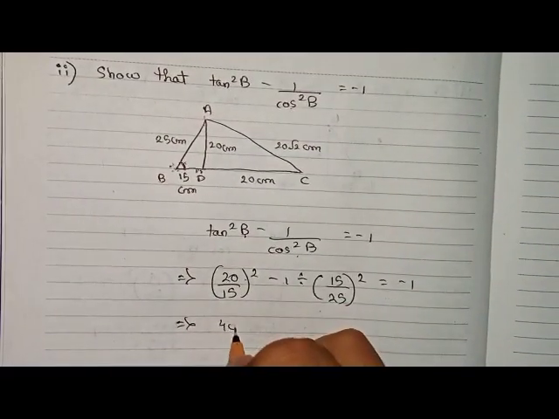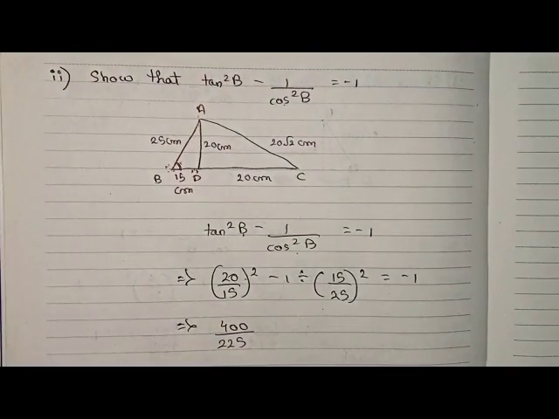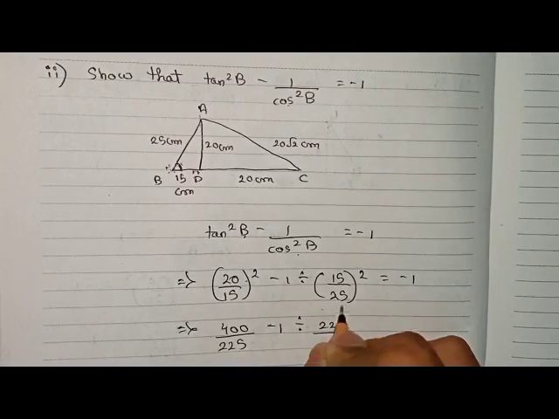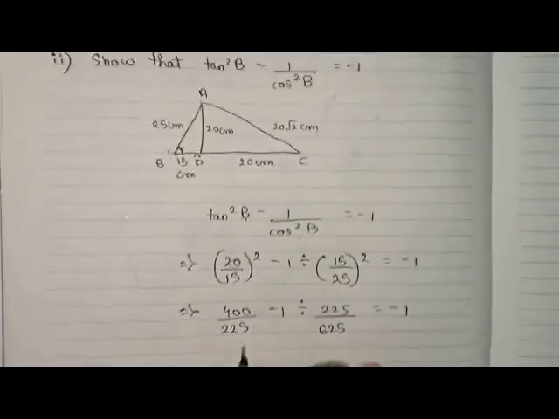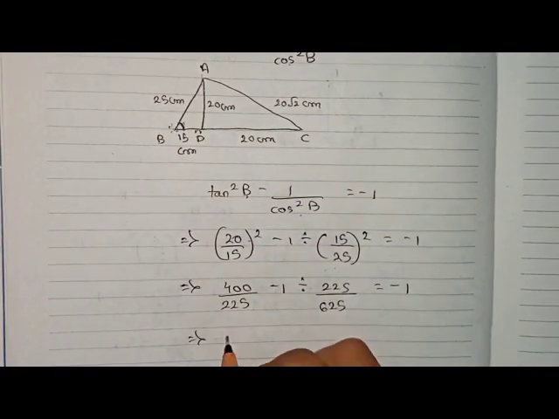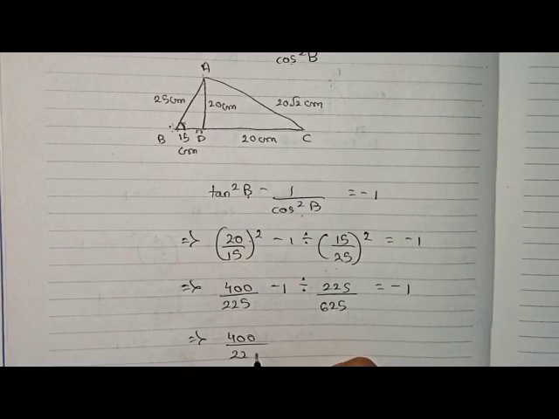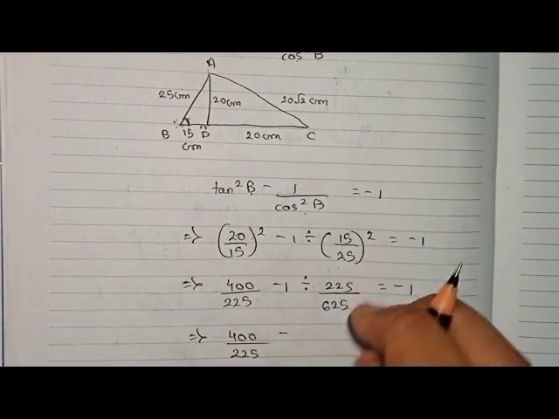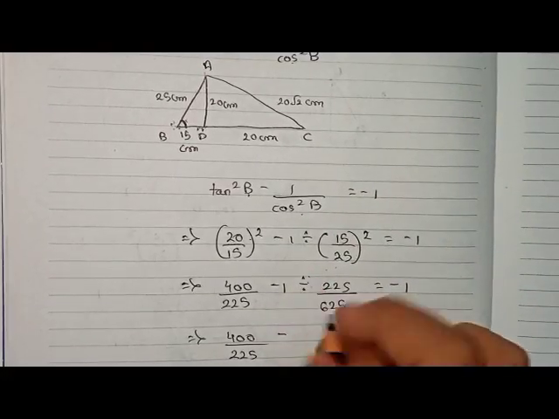So 400 by 225 minus 1 divided by 225 by 25 to the power 2, 625. So 400 by 225 minus, so reciprocaling it, and division will go for multiplication.